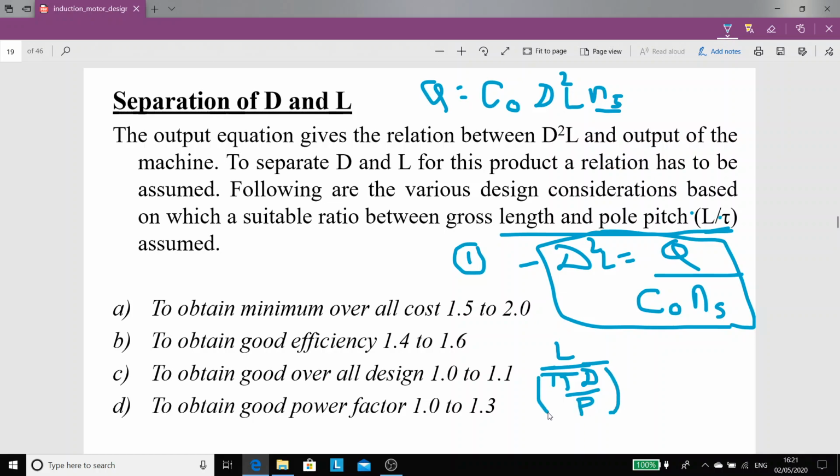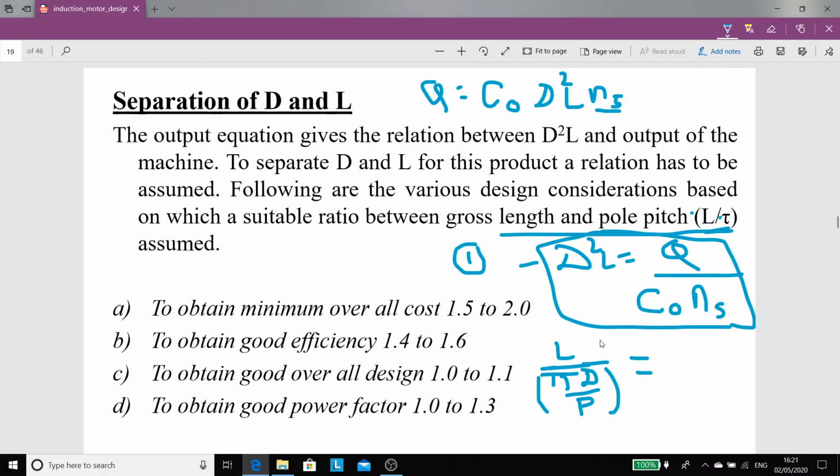This ratio has a specific value, and that value depends upon our prime objective or priorities while designing the induction motor, that is, to which parameter we are giving topmost priority.